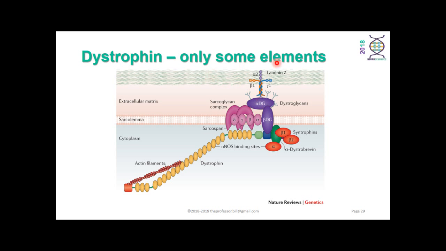We are not going to ask you to know all of the details of the extracellular matrix interacting proteins. However, the most important one is that when we look at dystrophin and how it interacts with the extracellular matrix, there are dystroglycans that you have here that provide that link between the dystrophin molecule, actin, and the extracellular matrix.